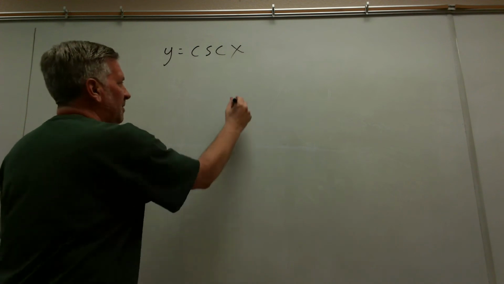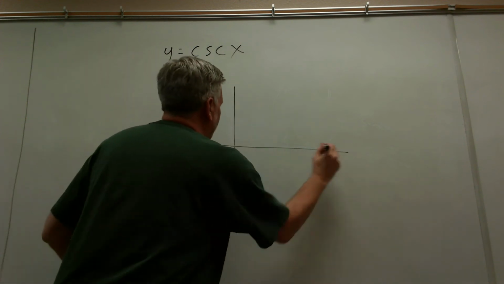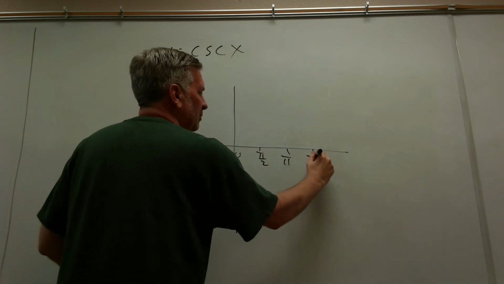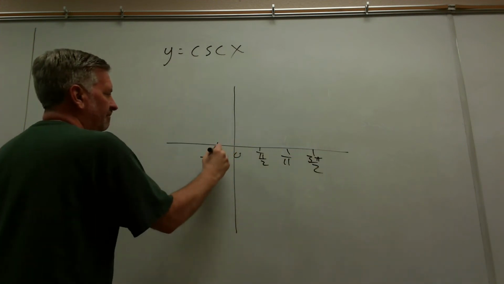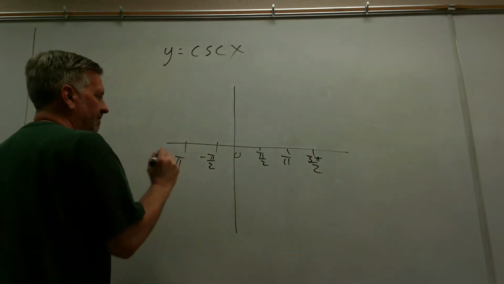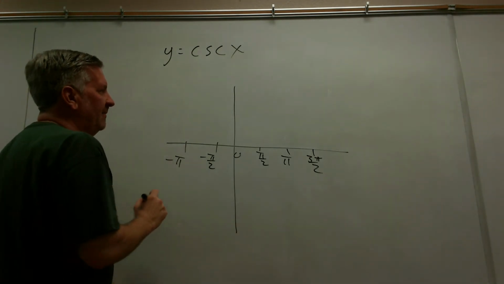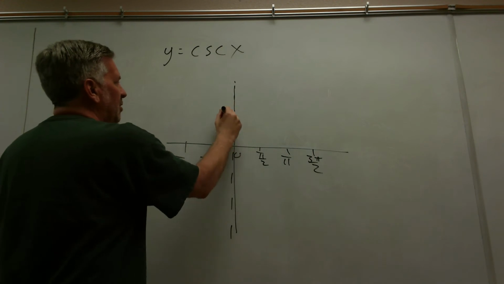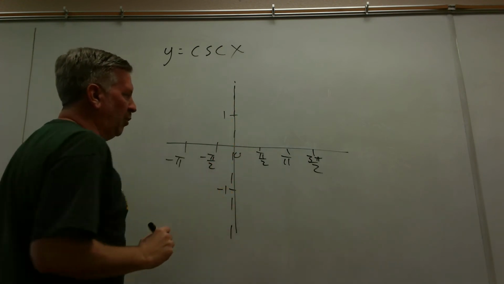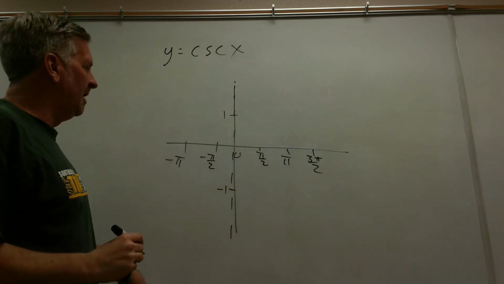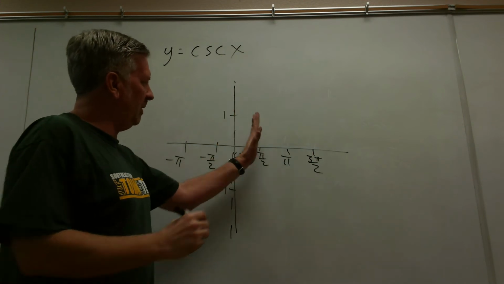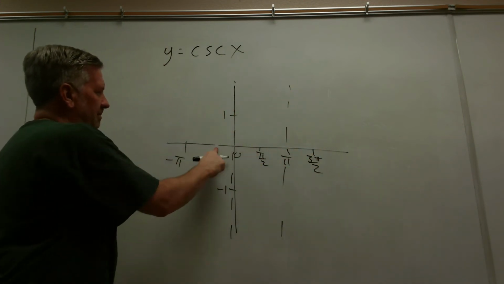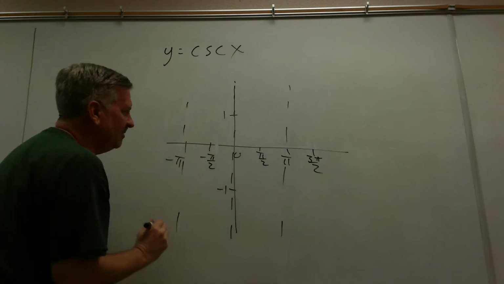So if I'm sketching the cosecant graph, something important happens every pi over 2. I know the cosecant graph has a vertical asymptote on the y-axis. I know I have important values of plus or minus 1. And that goes asymptote, point, asymptote, point, asymptote, point, asymptote.